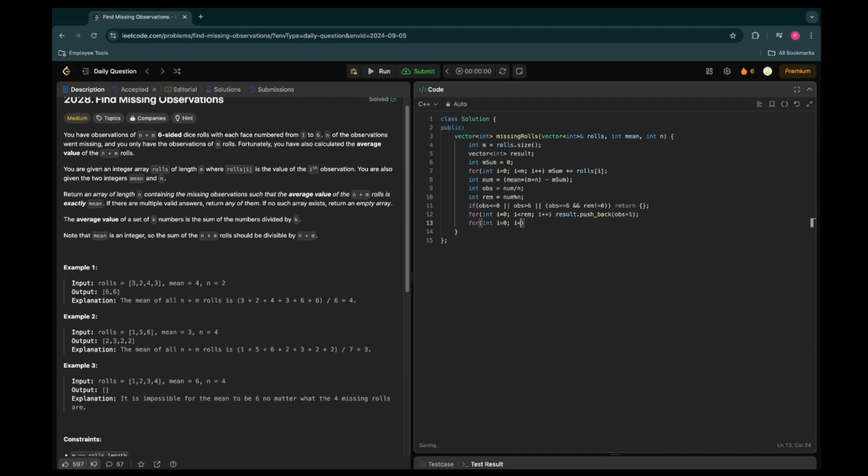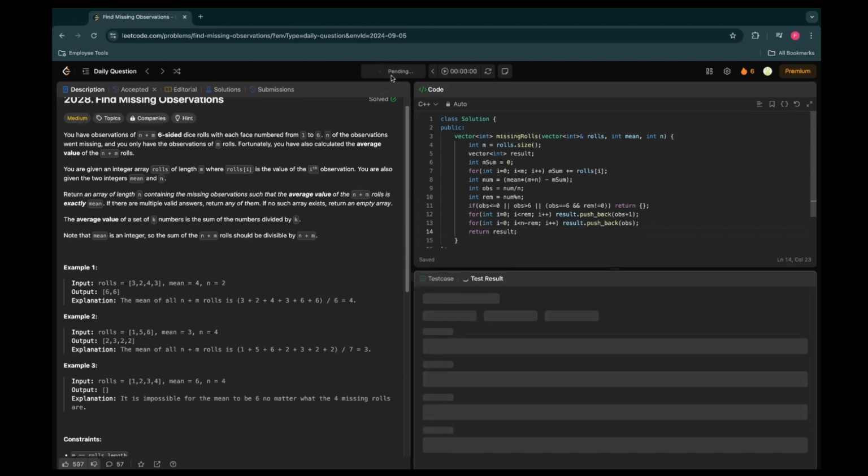How many remaining digits will there be? We have n digits in our n observations total, and we have already pushed remainder observations, so the remaining will be n minus remainder, right? So result.push_back observation, and by the end we will simply return our result.